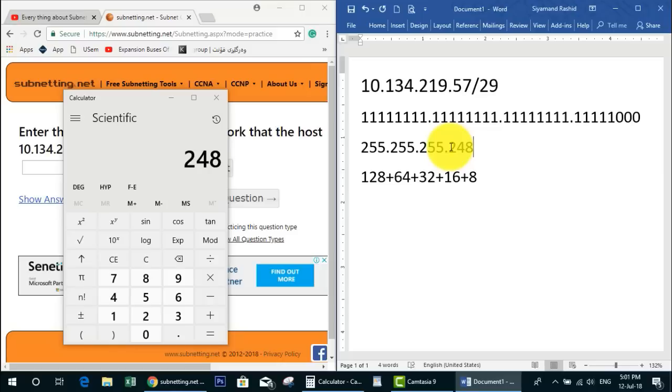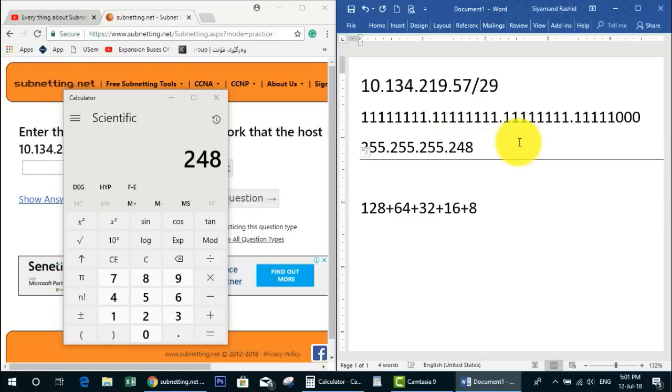The next step is finding the network ID. How do you find the network ID? From the three rules. If we have 255 as a subnet mask, we can just put the IP address, so let's put 10.134.219.